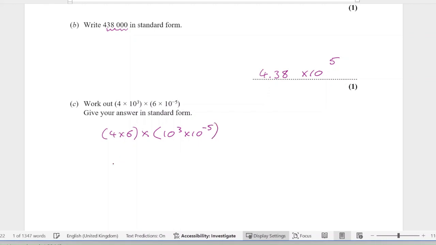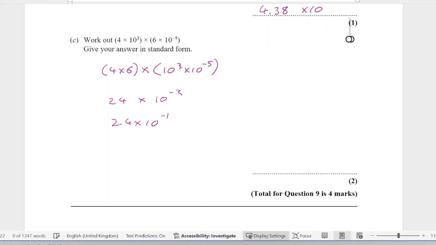So 4 times 6 is going to give me 24, and 10 to the 3 times 10 to the minus 5 becomes 10 to the minus 2. Then I need to readjust, so I'm going to add 1 to the power. So it's going to become 2.4 times 10 to the, minus 2 plus 1 becomes minus 1. So 2.4 times 10 to the minus 1.